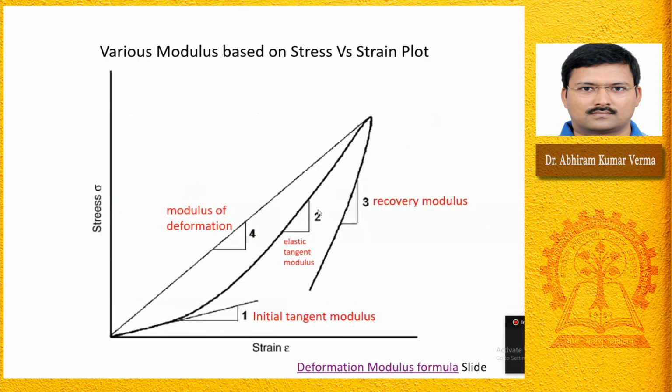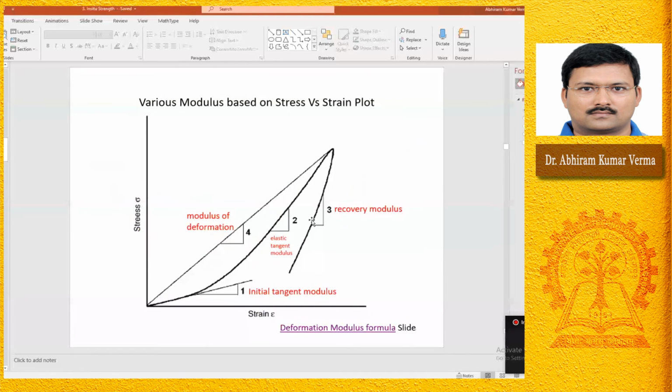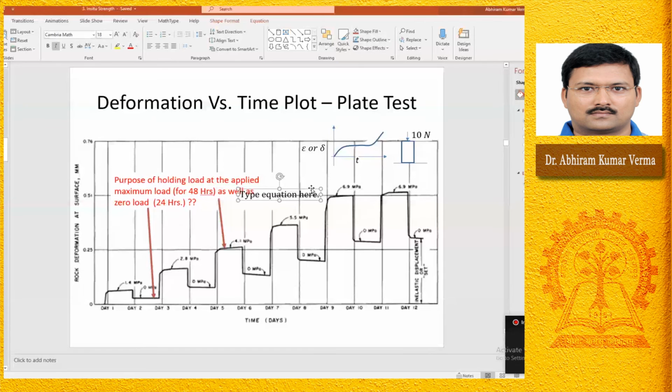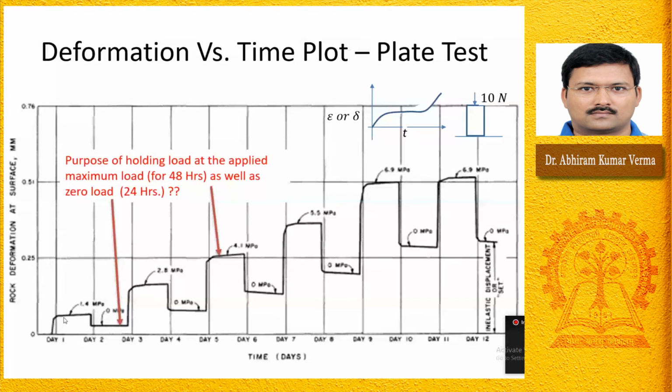We are trying to test the same thing here by keeping the load constant for 48 hours when the load is maximum. You can see the load is kept constant at 1.4, and it moves from day 1 to day 2.